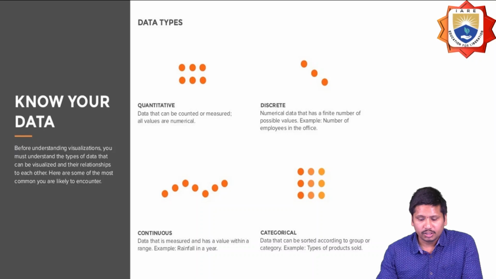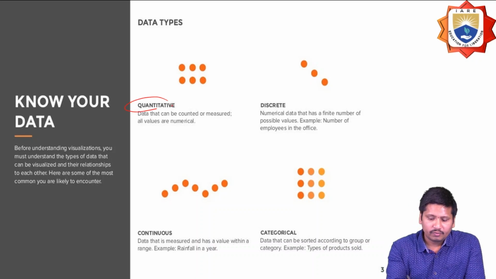Continuous means the data that is measured has a value within a range, for example the rainfall in a year. Categorical means data that can be sorted according to a group or category, for example the types of products sold.